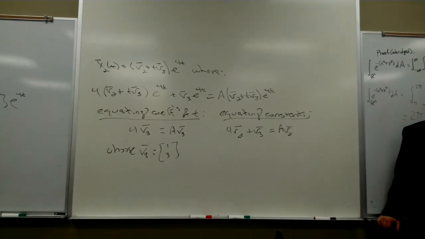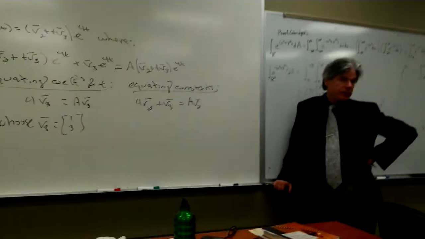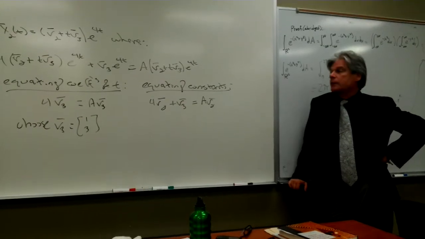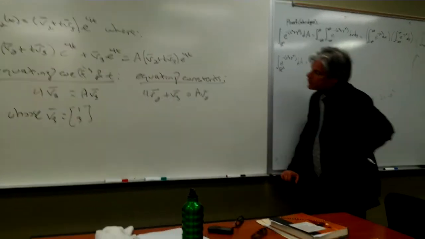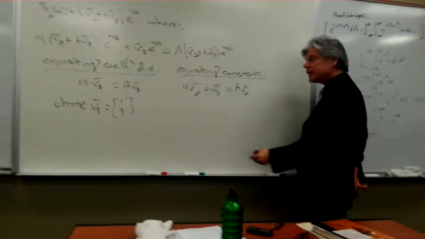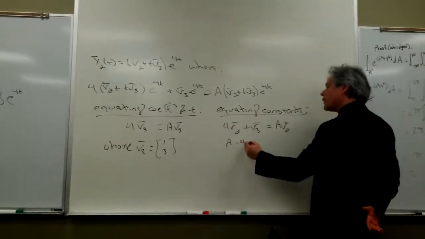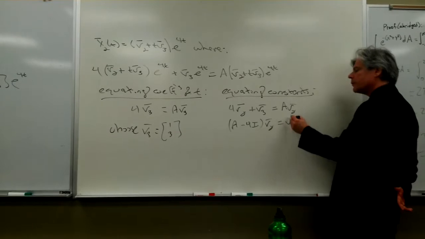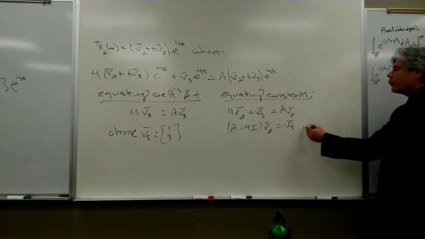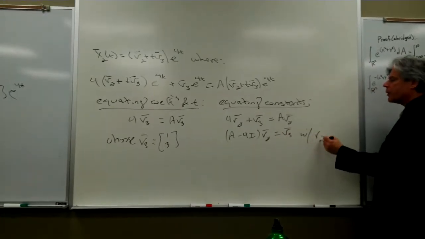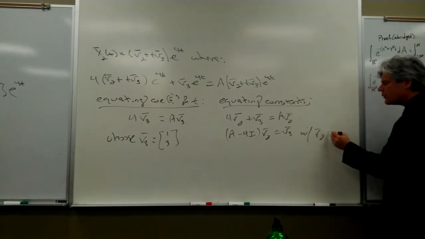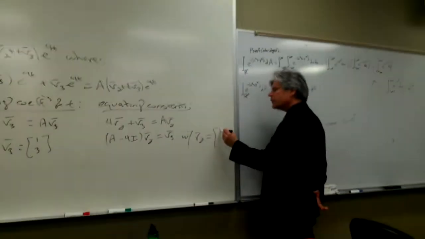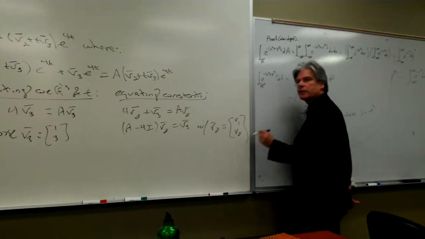You're paying money to be here. You tell me if I'm skipping too much. But bringing all the V2 bars to one side, factoring it out, wouldn't that give me an A minus 4I times my V2 bar being equal to V3 bar? Where my V2 bar is, I don't know, I'll give it a name. I'll call it, how about V1, V2, without the bars.